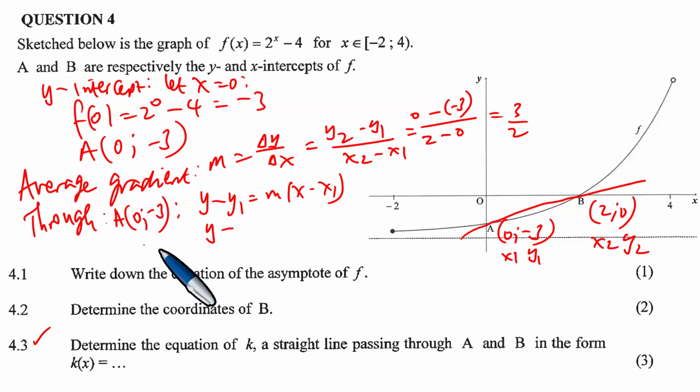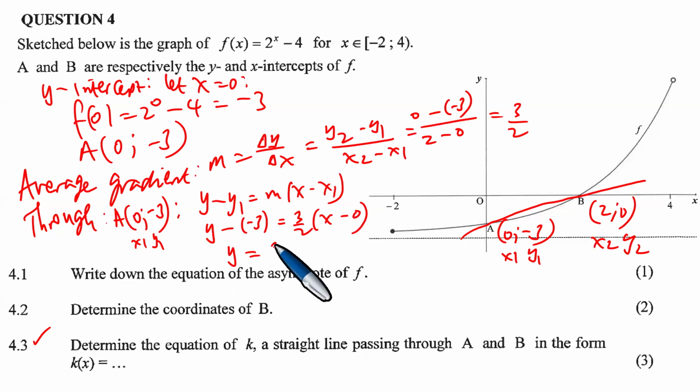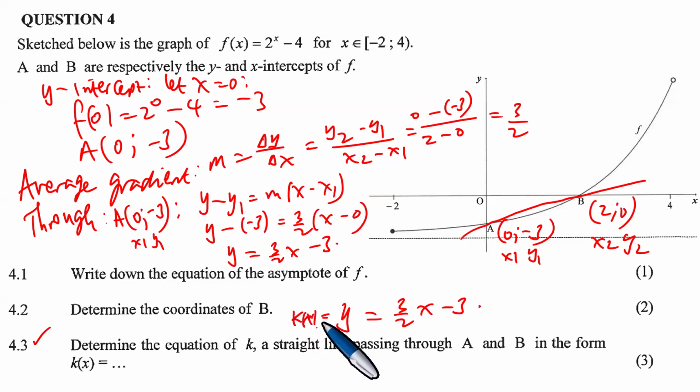So y1 is minus 3, m is 3 over 2, into x minus 0. Y plus 3 equals 3 over 2 x, so y equals 3 over 2 x minus 3. This is the equation of the straight line that the examiner wants. We're done.